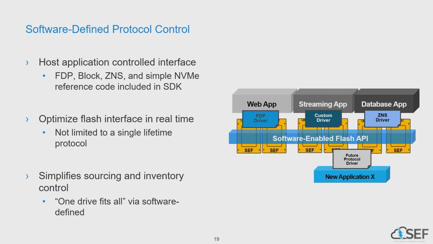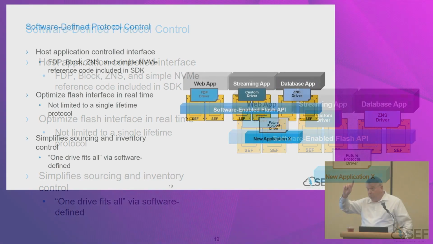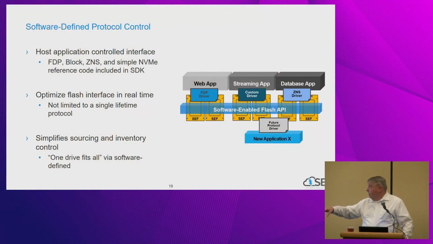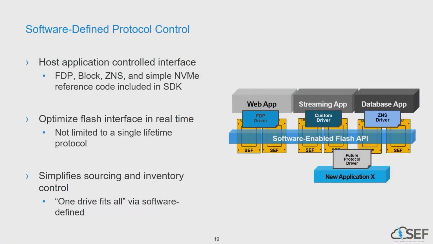I can deploy a set of these SDF devices. Buying one source of device, I can run my web apps on this using FTP because I need FTP to run that app. Using the same drive, I've got my streaming app over here on this other box or this other rack, and I need to run that in ZNS mode or block mode.